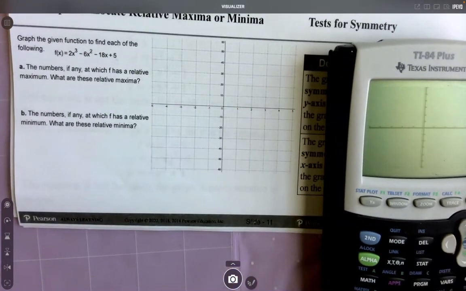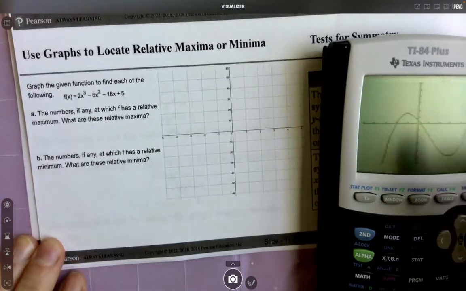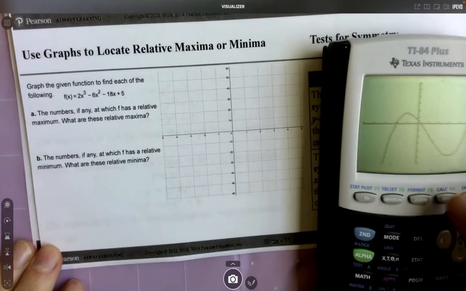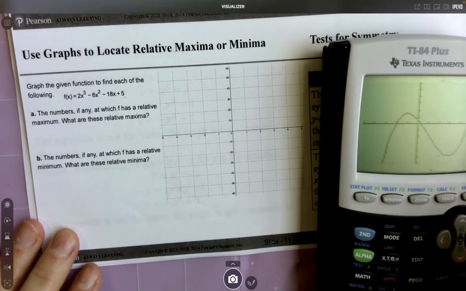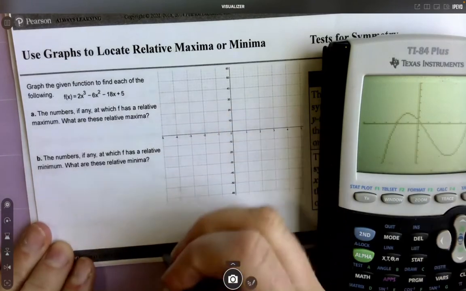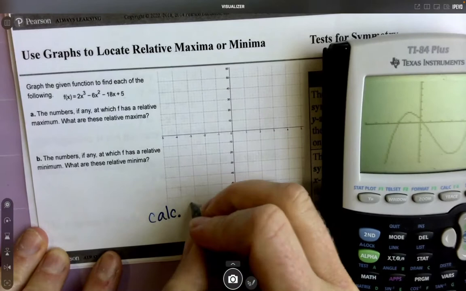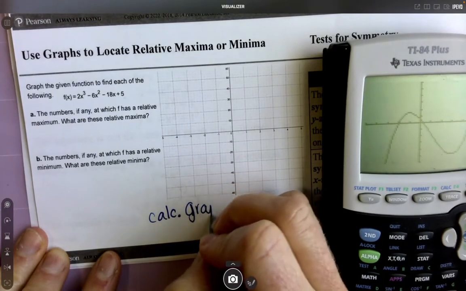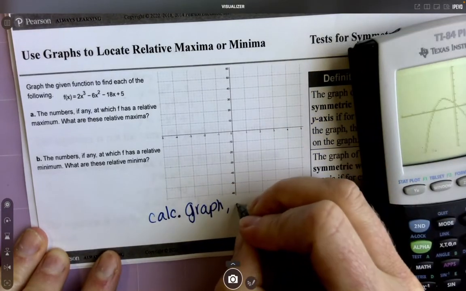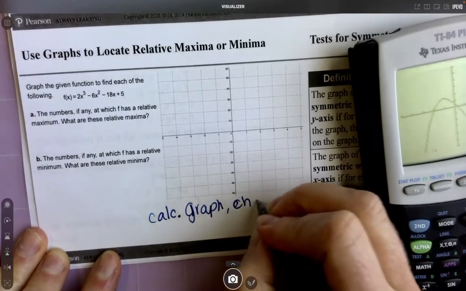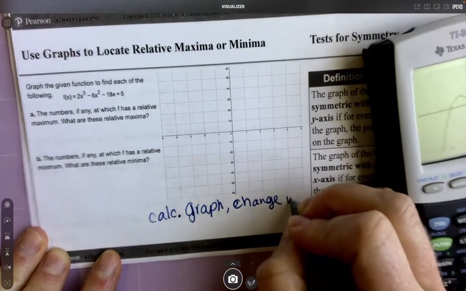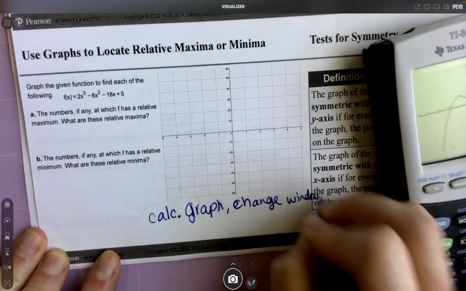So hit graph, and let's look at it. All right, so we need to graph some points. That'll help us. So our calculator will actually find some maxes and our mins for us. So the way you can do it in your calculator is graph first, and then change window, whatever it needs to be.